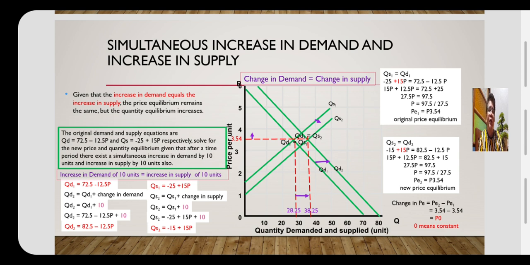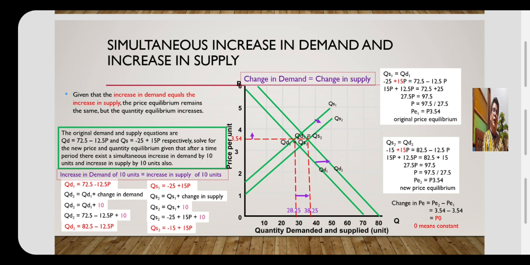And the change in supply is also an increase by 10 units, so we introduce the plus 10 and add this to the original supply equation of negative 25 plus 15p. So the new supply equation now is negative 25 plus 15p plus 10. To simplify, the new supply equation now is equal to negative 15 plus 15p.